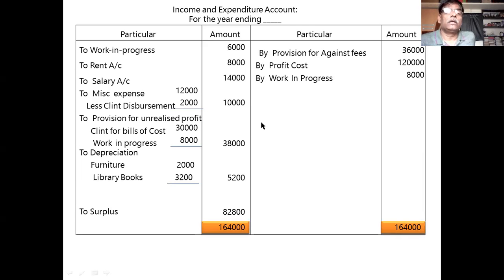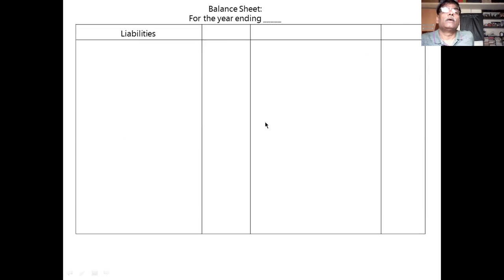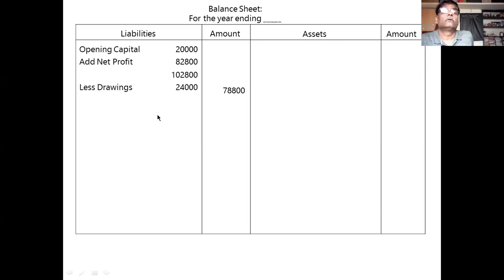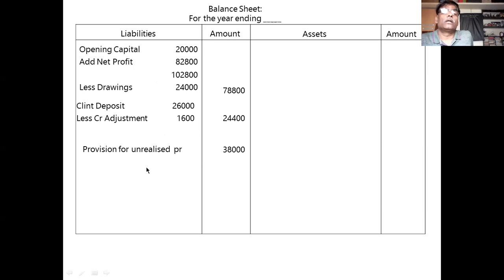You go to the balance sheet. In the balance sheet, first you take the capital. Capital is 20,000, add net profit, less drawing. Your answer comes. Client deposit 26,000, less credit adjustment 1,600. Then provision for unrealized profit 38,000.